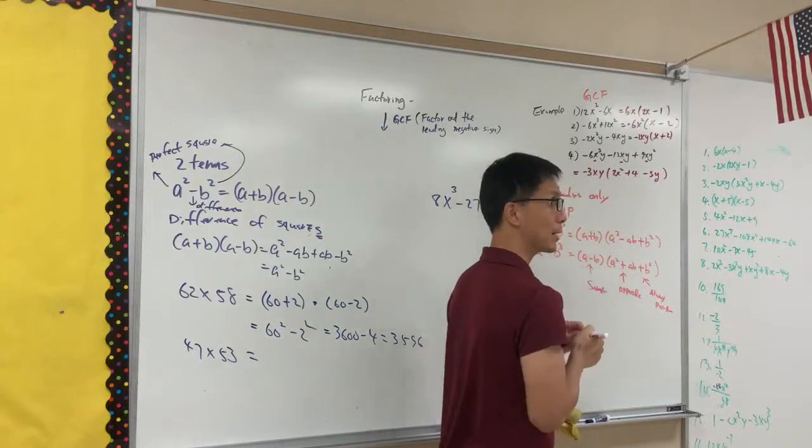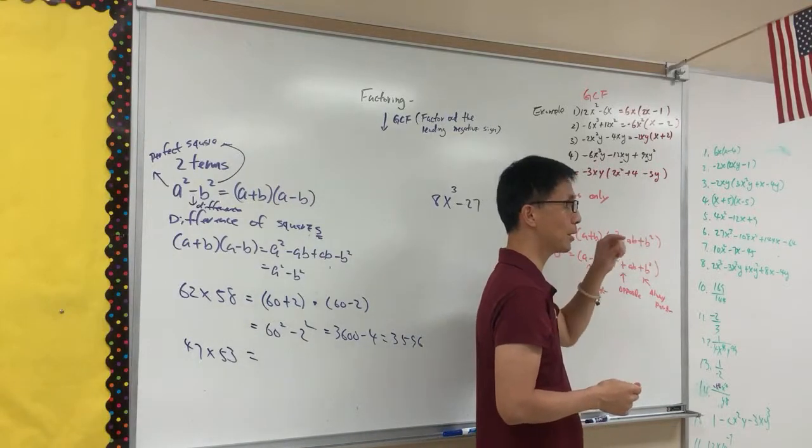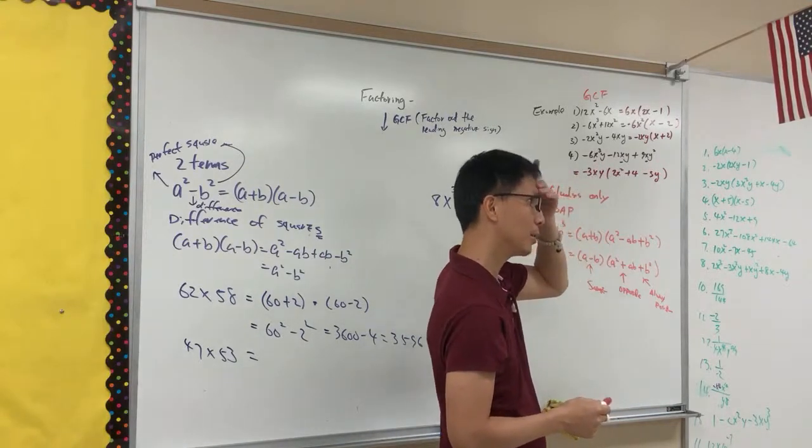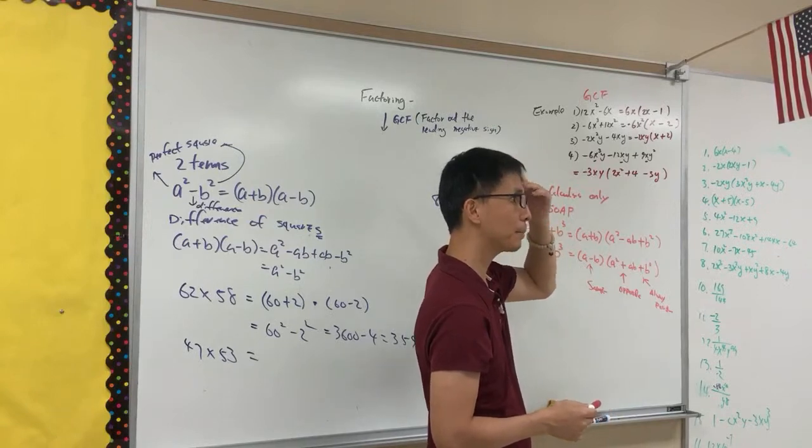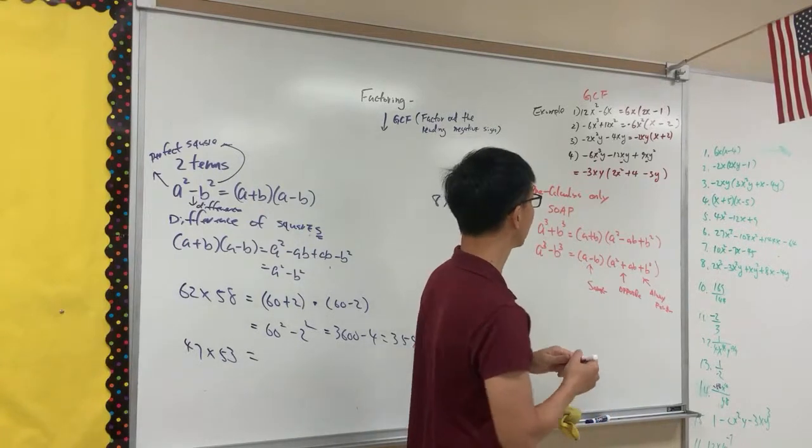And how do I memorize this? It's a squared, ab, b squared. It's kind of like a Punnett square. If you guys remember the Punnett square for the blood type, right?